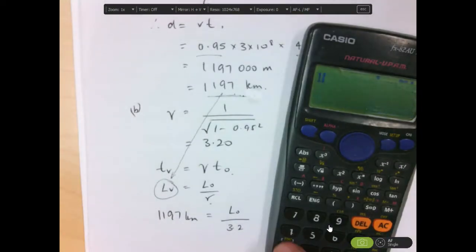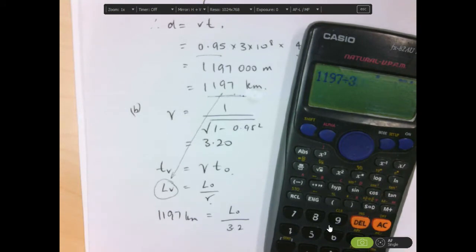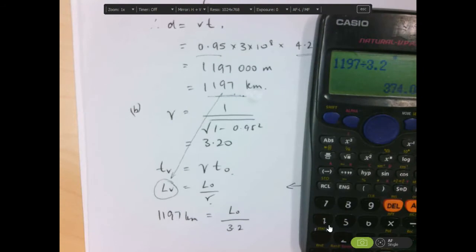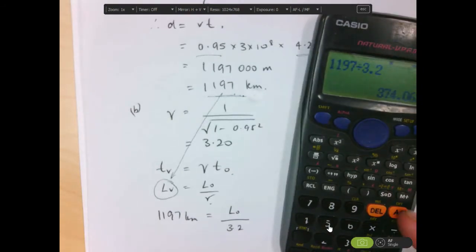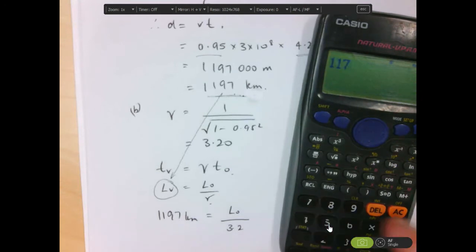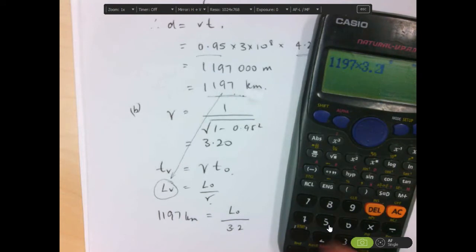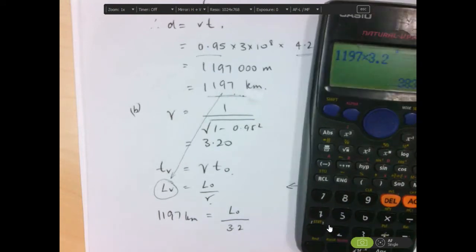So 1,197 divided by 3.2 is equal to, oops, not divided, it's times by that, isn't it? So 1,197, let's try again, 1,197 times 3.2 equals 3,830 kilometres.